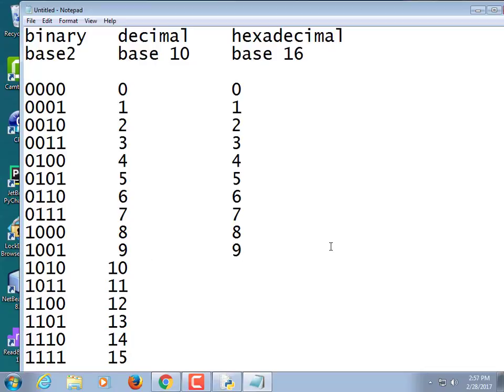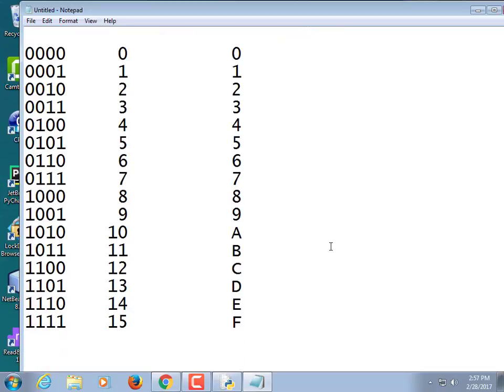A 10 is an A. An 11 is a B. A 12 is a C. A 13 is a D. A 14 is an E. And a 15 is an F. Why would you want to do that? It's so that you could display binary information on the screen more succinctly.